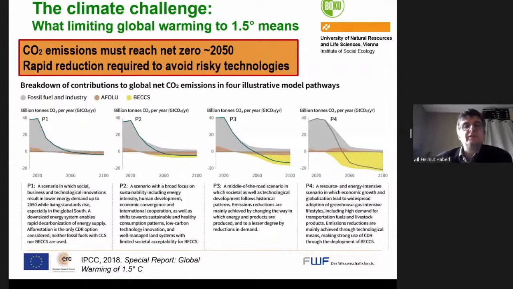If you look at the rightmost picture, the amount of BECCS we need in such a scenario needs a land area that is similar to the global current forest area. So we would more or less have to convert all our forests into bioenergy plantations that would deliver biomass, which we would burn and then sequester the CO2. And there are good reasons why this is very controversial. So I guess we should rather aim for a scenario like P1 or P2, but certainly not P4.